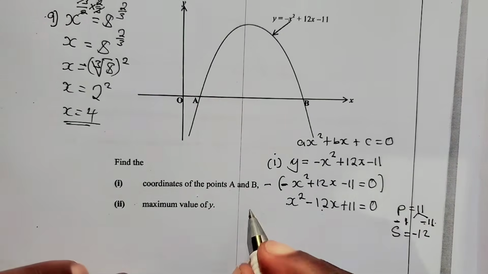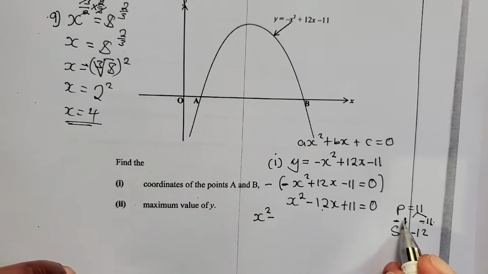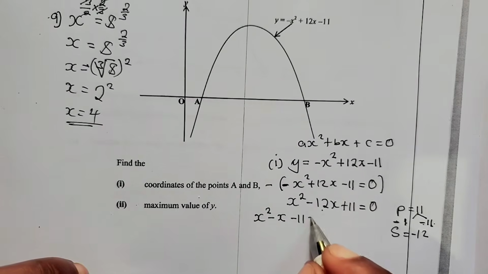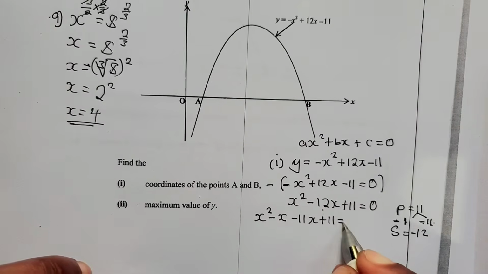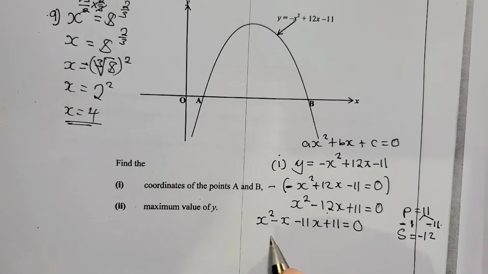So we can factorize by grouping. We say x squared minus 1x, which is just negative x, minus 11x plus 11 equals 0. We've split the negative 12.